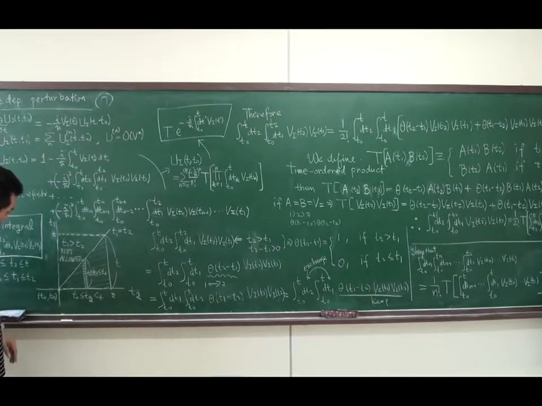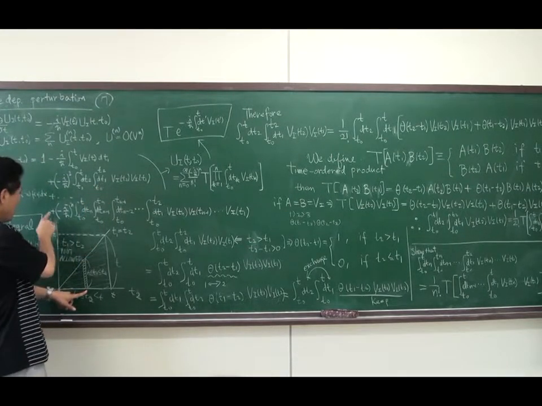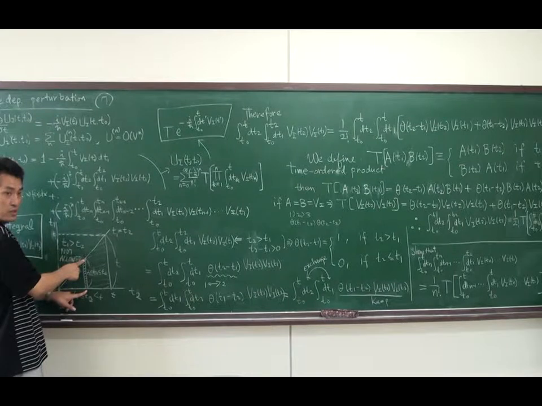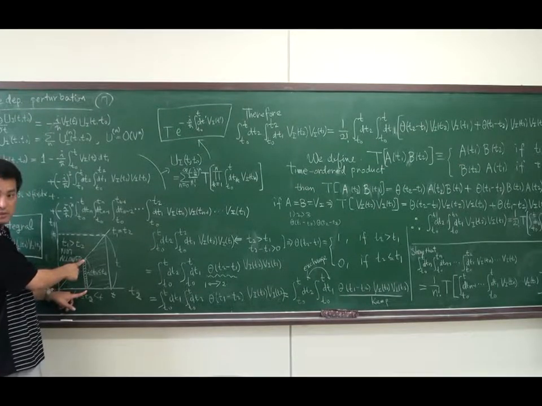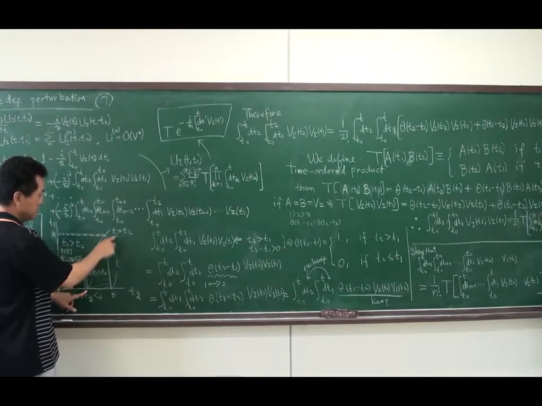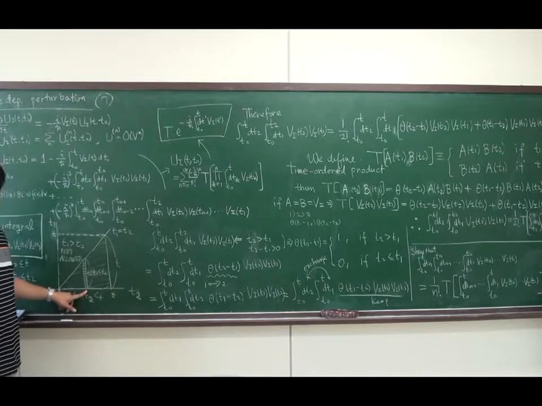Okay. So suppose I have t2. Given some t2, what's the allowed value for t1? t1 runs from the minimum value t0 up to t2. It never passes. So this is the line. This straight line is the line satisfying the equation t1 equals t2. Okay?